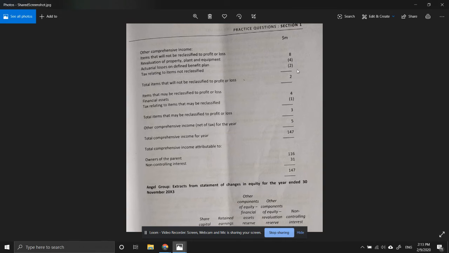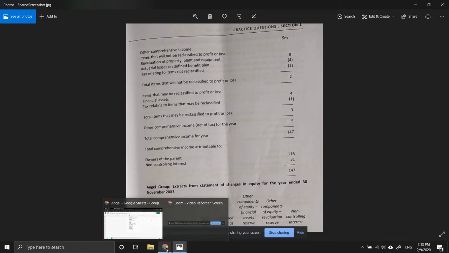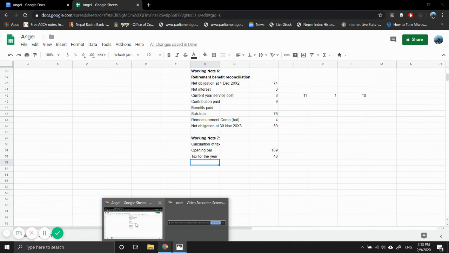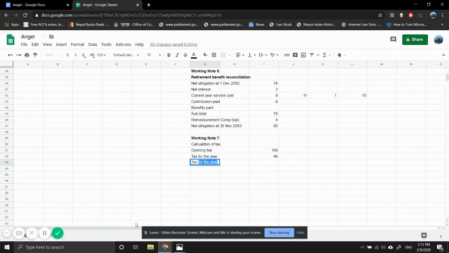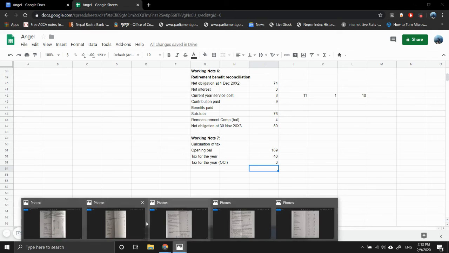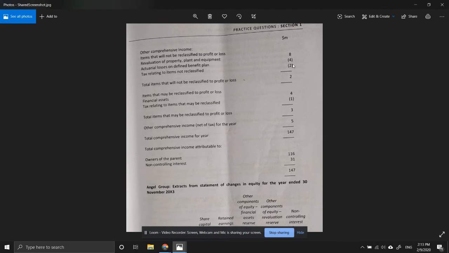OCI is 2 and then 3, right? So tax for the year OCI, in bracket. OCI, which is basically 2 plus 3, right? 2 plus 1 plus 1, isn't it? Yep, the tax item is this.